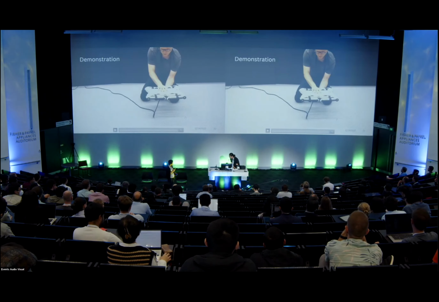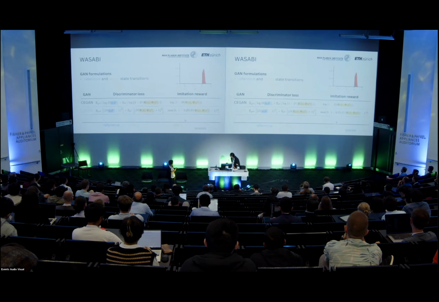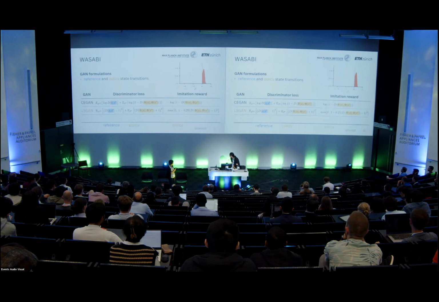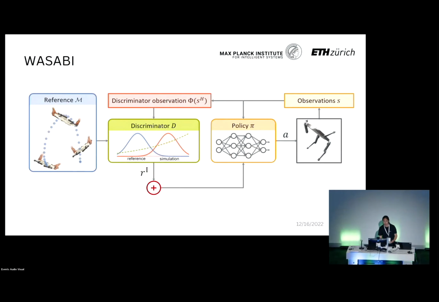We use this state transition. Maybe let me quickly go here. So we have this discriminator, which samples state transitions from both the reference motion and the replay buffer generated by the policy. And what's different here in our work from the previous work is normally they use one single state transition, like just state and S prime.